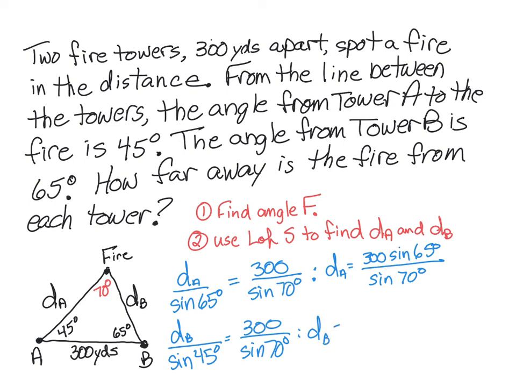The distance from Tower B, 300 sine 45 over sine 70. Let's get these two values in the calculator. And distance A comes out to be 289.3.